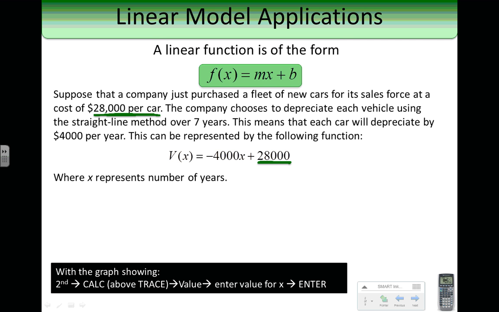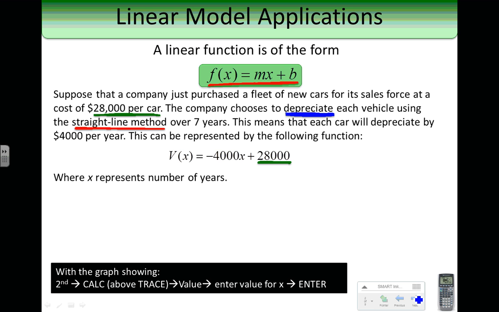The company is choosing to depreciate each vehicle, and when we say depreciate, that means the value of the car is going down, using the straight line method. The straight line method just means it's going down in a straight line. We're going to have a linear function. It's going down by the same amount every single year.